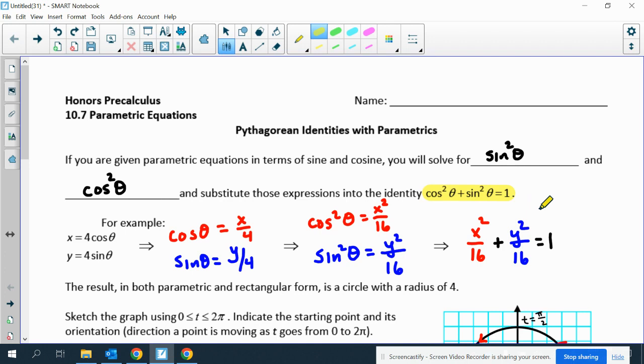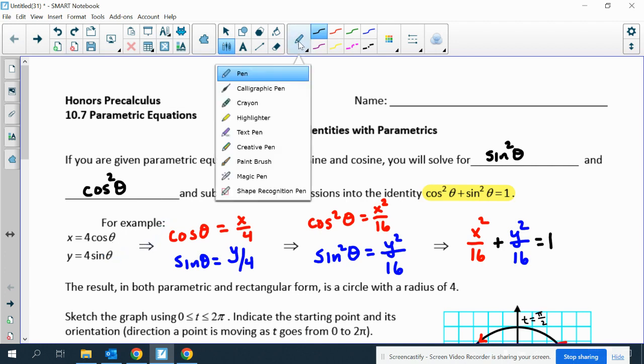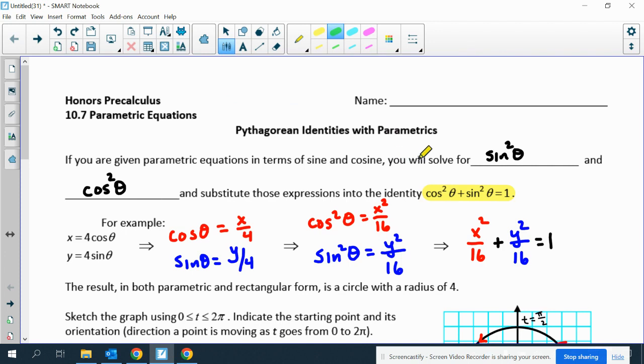So if you see x equals 4 cosine theta and y equals 4 sine theta, what you can do is solve for sine squared and cosine squared and then substitute them into the Pythagorean identity. We do some manipulation to get the cosine and sine by themselves.